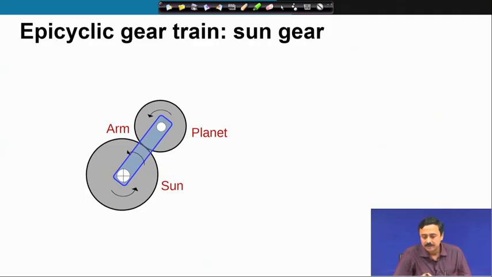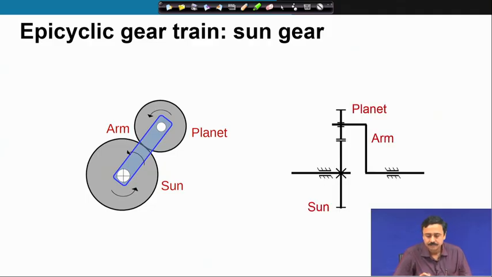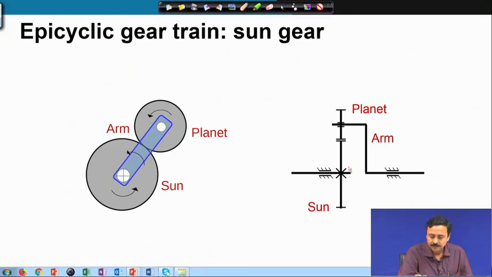If you look at a schematic representation of this, the sun gear axis is fixed, whereas the planet is mounted freely on the arm. The arm can rotate. So, therefore, the arm carries the planet as the planet meshes or rolls on the sun.